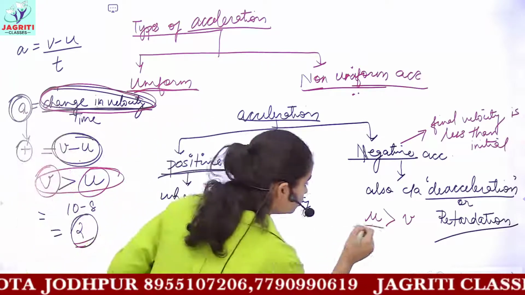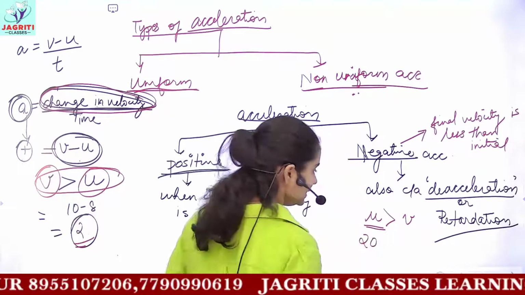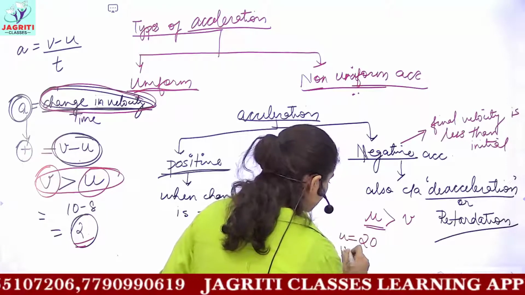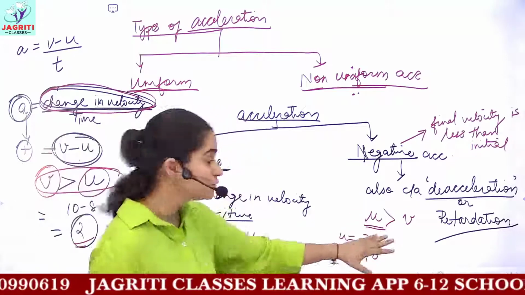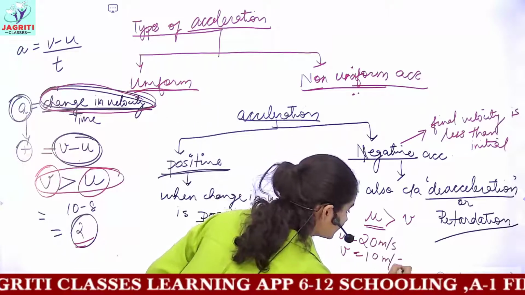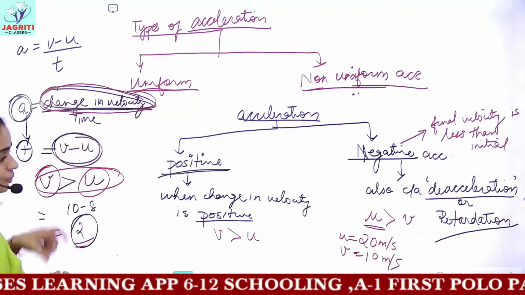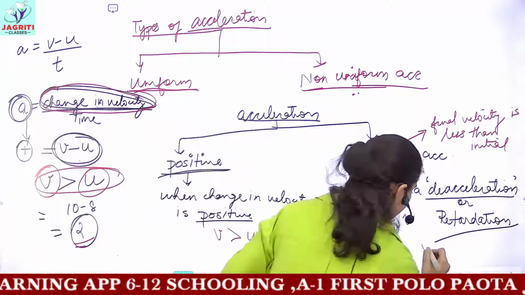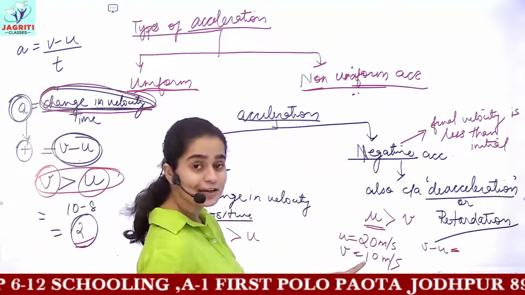Now I am considering u is 20 and v is 10. If I calculate using the formula, and never skip the unit in these, the change in velocity v minus u would give me 10 minus 20.